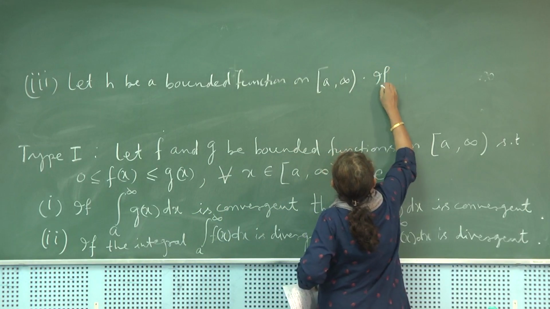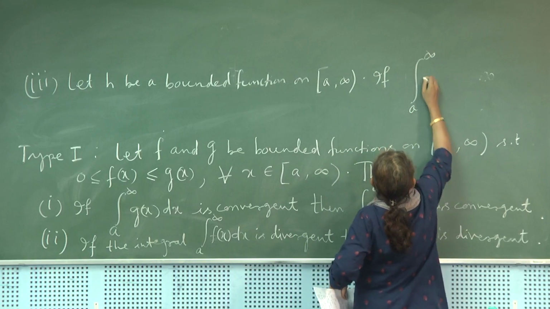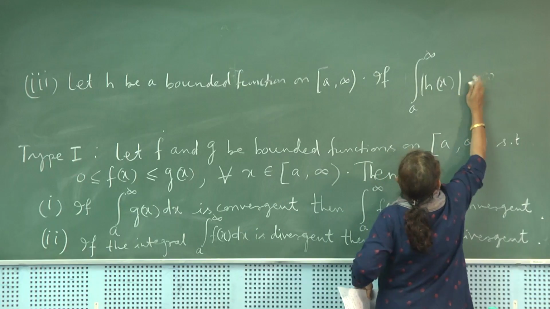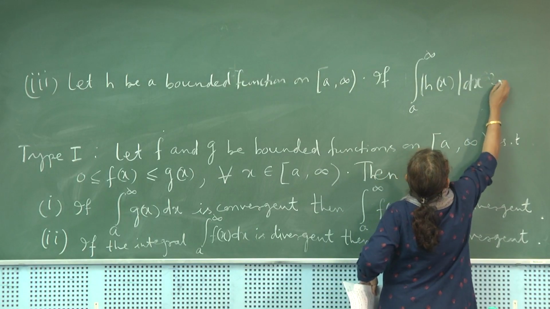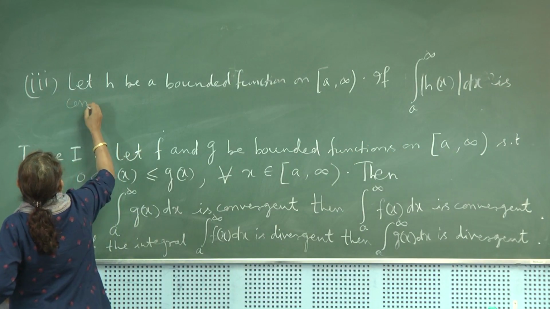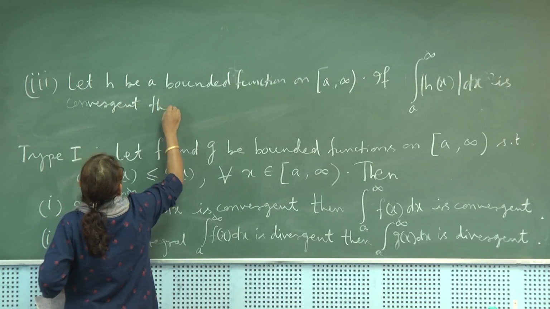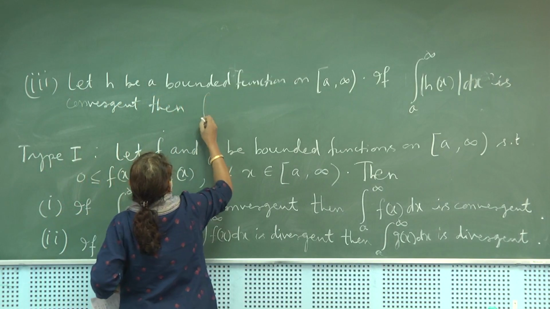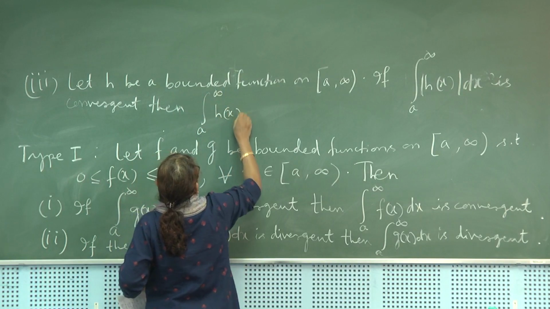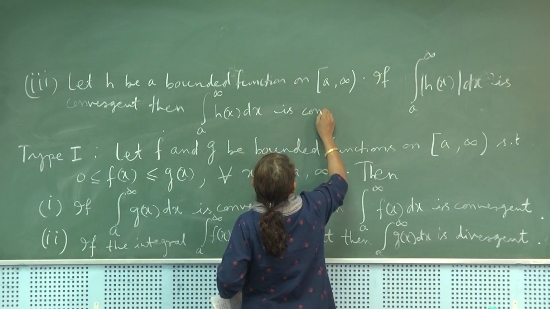If this integral from a to infinity of the absolute value of this function h(x) dx is convergent, then we get that the integral from a to infinity of h(x) dx is convergent.